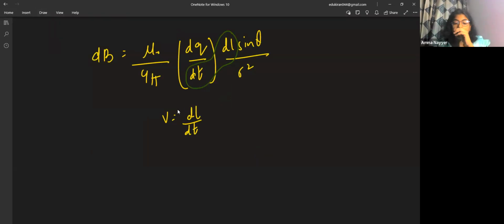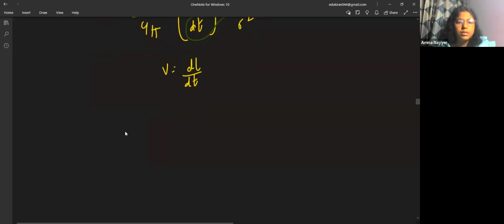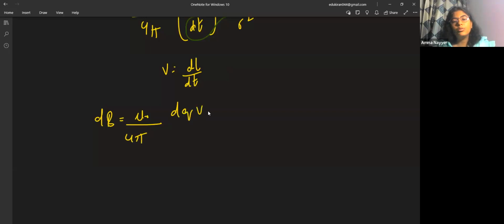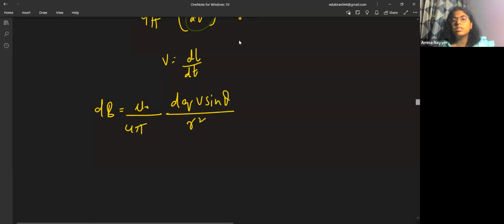So in case you have charge and velocity given, you do not use any other formula. Directly use this formula, which is dB equals mu naught by 4 pi dq v sine theta divided by r square. So what is the cross product that you can use?